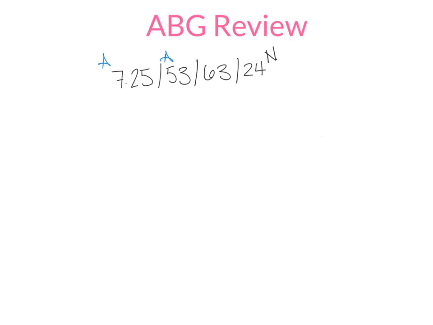So at the Unicorn Hospital, this patient would have mild hypoxemia. So let's go back and name it. Because the bicarb is normal, it would be an acute respiratory acidosis with mild hypoxemia.